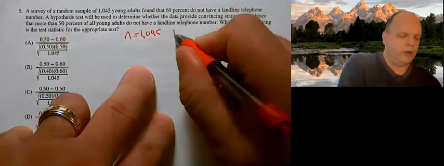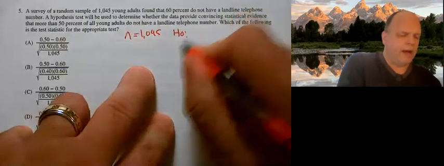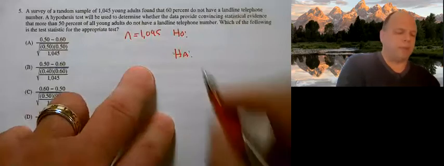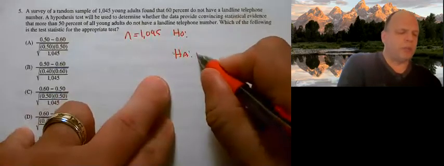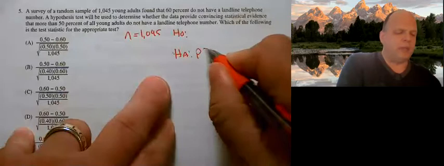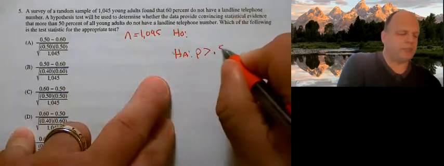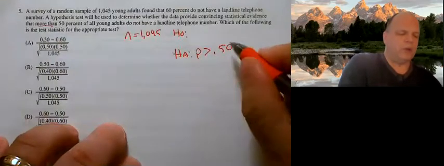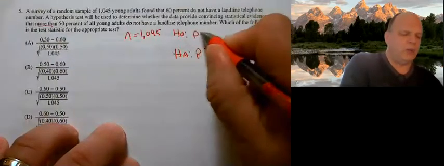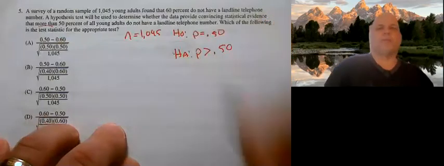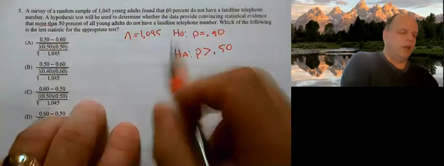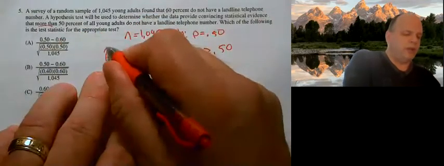So I'm going to go ahead and do my null and alternative. I find that these help out a whole lot when we're doing type problems like this. So once again, this is a proportion, and they want to know the probability that is more than 50%, so greater than 0.50. That means my null would be equal to 0.50, which then helps me out, and I know that the 60%, which came from the sample, and it should make sense, is 0.60, my p hat.